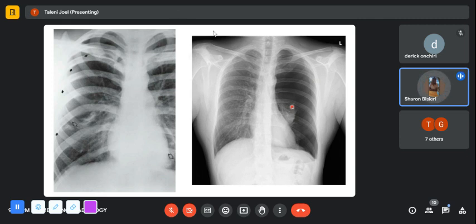On the opposite side, the right side, we can see a normal appearing right hemithorax. What's also important is to talk about the mediastinum. It doesn't look shifted. That's important, there's no mediastinal shift. Once there's mediastinal shift away, then you're talking about a tension pneumothorax, and that's an emergency.